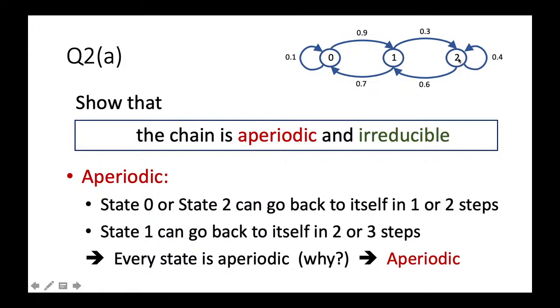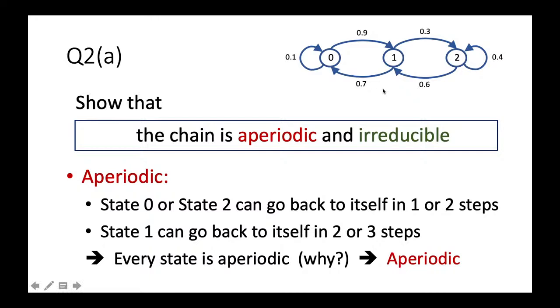Similarly, for state 2, it can come back in 1 step or in 2 steps. So the greatest common divisor is only 1. It is not going to be a multiple of an integer greater than 1. So state 0 and state 2, these two states by themselves, are aperiodic.